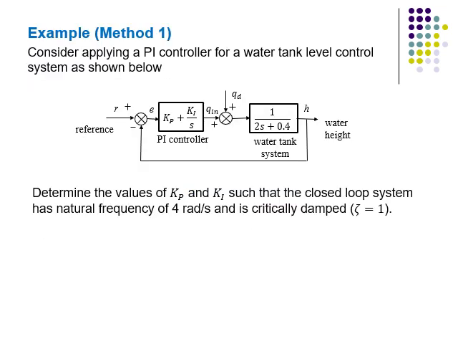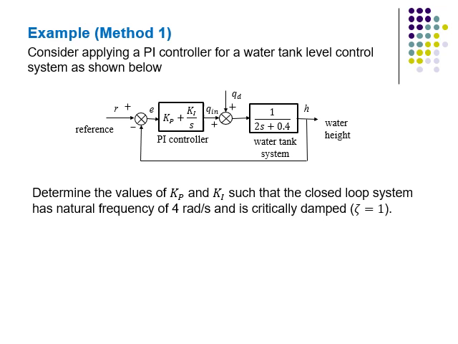So I'm going to do an example problem where we apply method 1. Here we consider applying a PI controller with the water tank system. So we're controlling the level of water in the tank with the feedback control loop as shown in the block diagram.